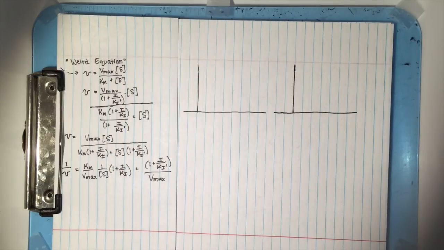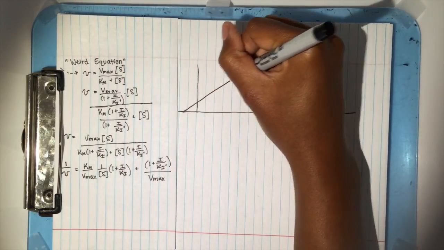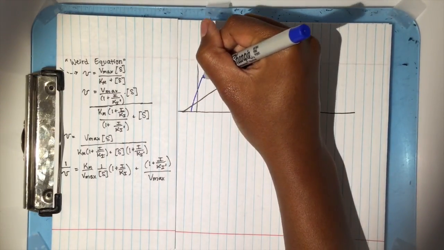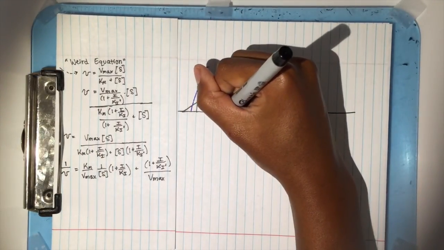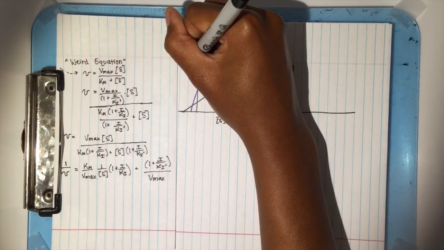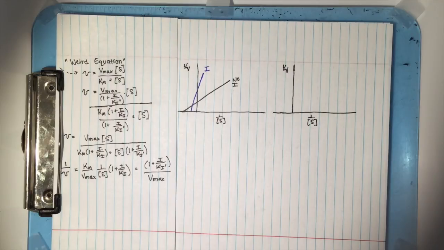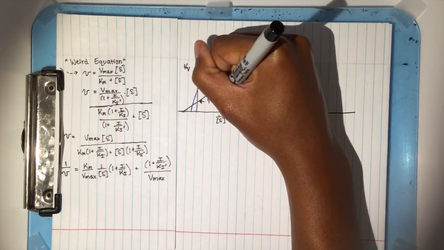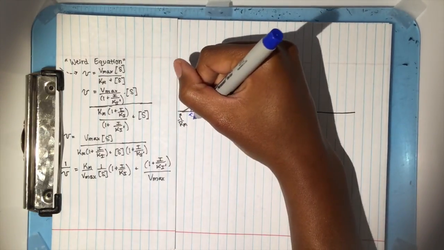And so on this graph, we're going to start with our non-inhibitor line case, and then we're going to draw in an inhibitor. And so here are axes, and we can also label points such as 1 over Vmax and negative 1 over Km.